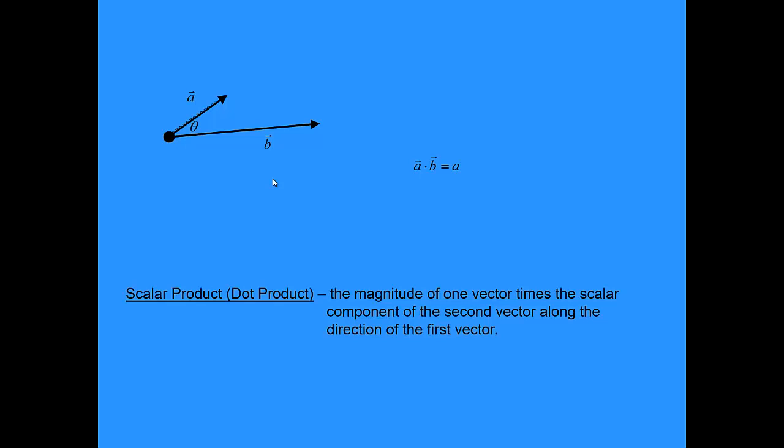So, there's a part of B that's along A, and there's a part of B that's perpendicular to A. See the little right angle then? Then this is the scalar component of the second vector along the direction of the first vector. This red vector here is how much of B is in the same direction as A.